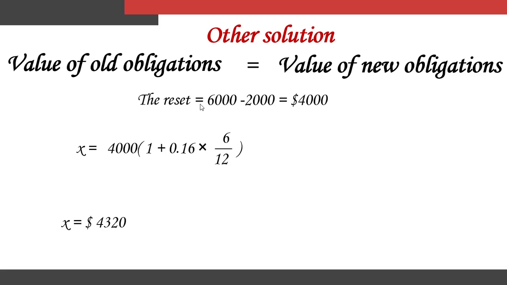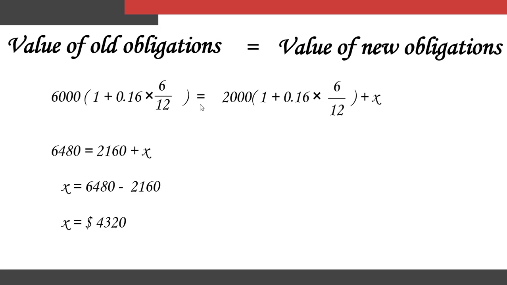The receipt at the beginning of time is $6,000 minus $2,000 equals $4,000. By using the formula S equals B times 1 plus RT, B equals $4,000, R equals 16%, T equals 6 months. So X will be equal 4,320. It's the same result.